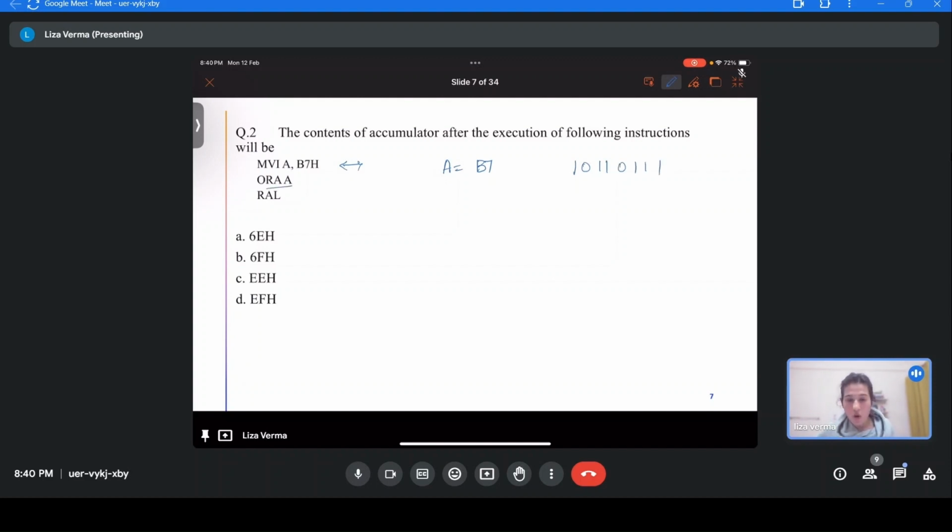Then ORA A will OR A with itself, which means the content of A will be the same, 10110111. And RAL will do what?